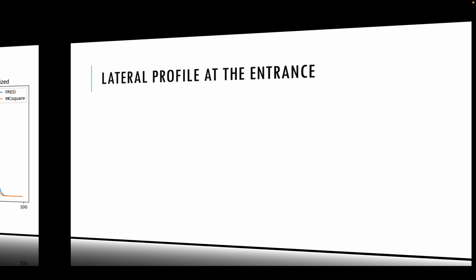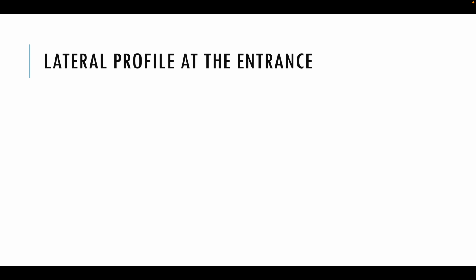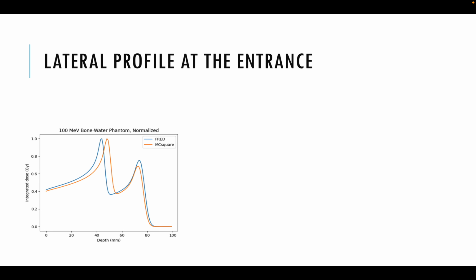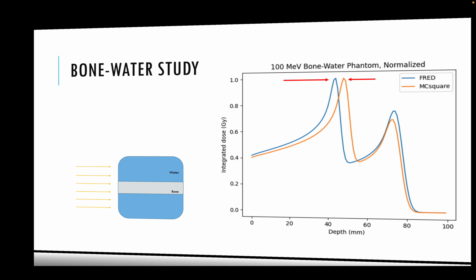Next, I have the lateral profile at the entrance in the bone water phantom. So my protons are just entering at the entrance at the depth. As I showed you before, this is how.